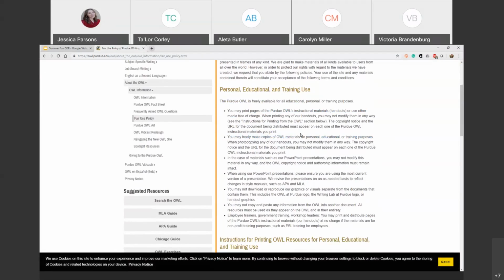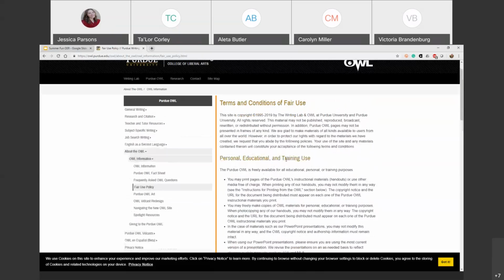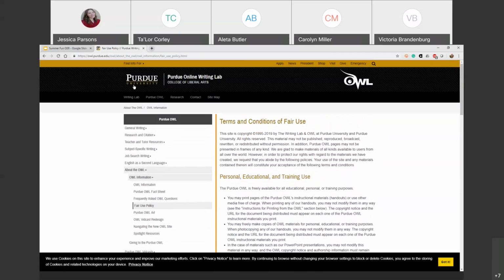Also remember that some things, such as Purdue University or the New York Times or another news location, you would be able to provide a link to your students at that point.